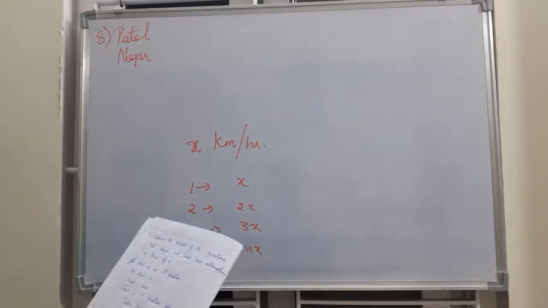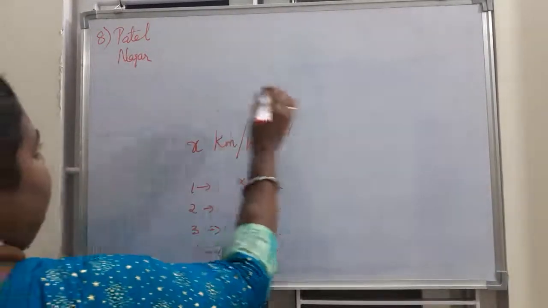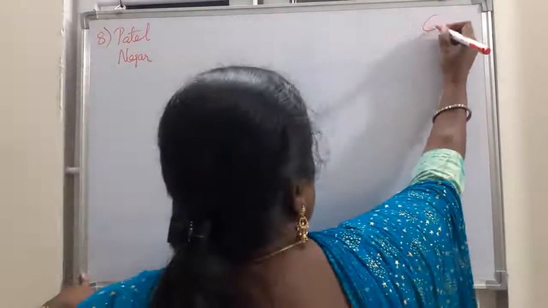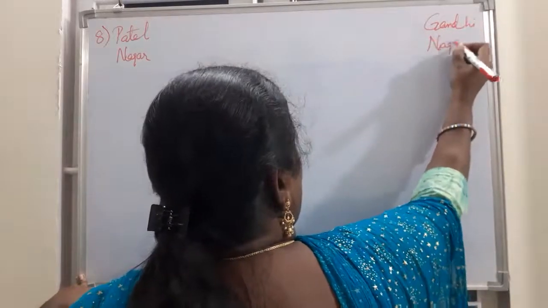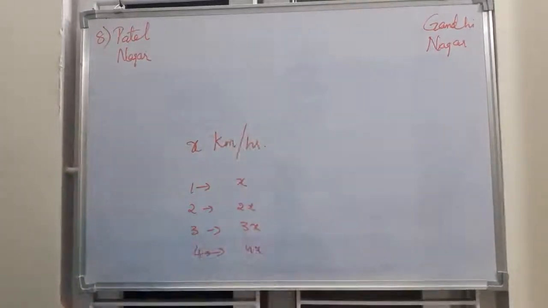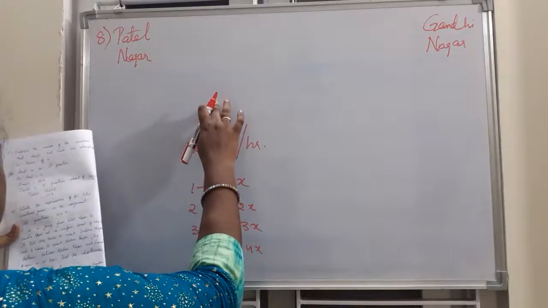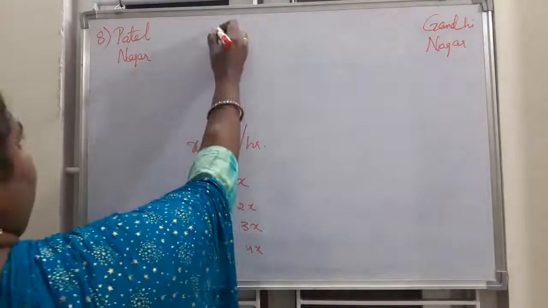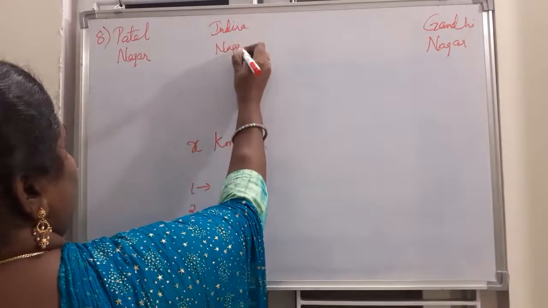It took 1 hour to reach Indiranagar. First thing, Patel Nagar, it has to go to Gandhi Nagar. Between these two, there are 2 more destinations. From Patel Nagar, it is going first to Indiranagar.